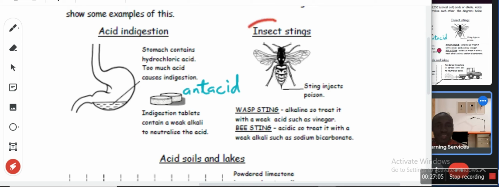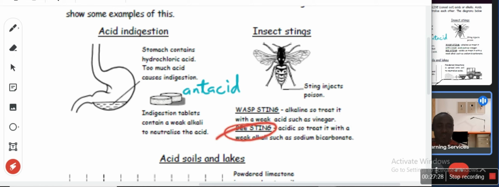Do you know that the sting of certain insects contain certain chemicals, like the sting of a wasp is alkaline? So if you want to treat it, what should you do? Put acid. Use a weak acid like vinegar to neutralize it, is it not? Yes.